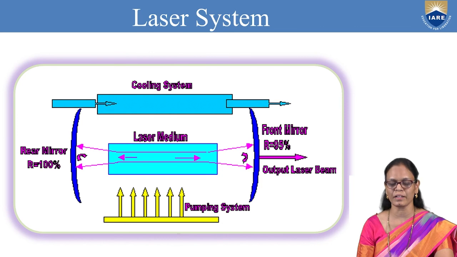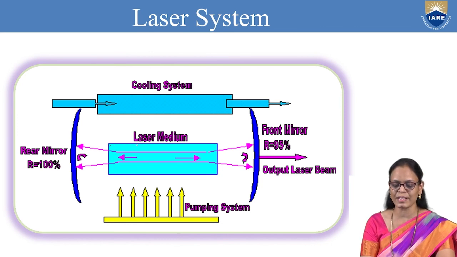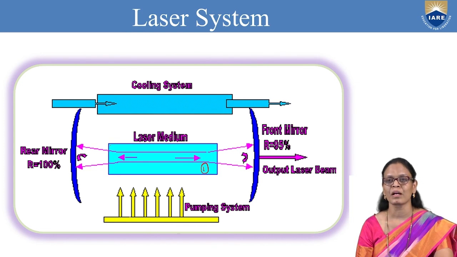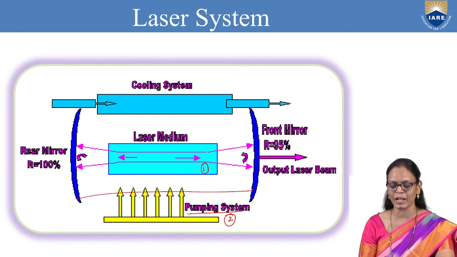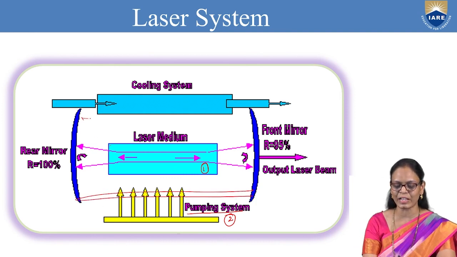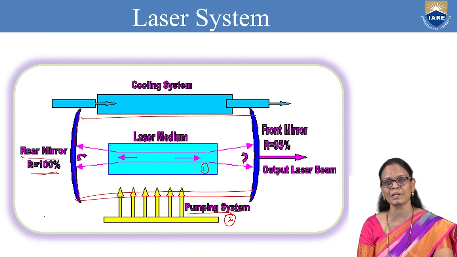Now, if you see the diagram, this is the laser medium we are talking about. The part one is the laser medium, the second one is the pumping mechanism we need, and the third one is the optical cavity. This is the cavity in which we are taking. There are two mirrors. This is one mirror, the rear mirror, where the reflection is 100%.